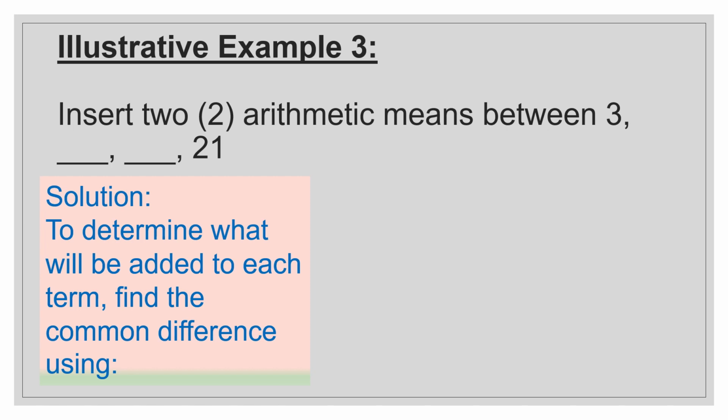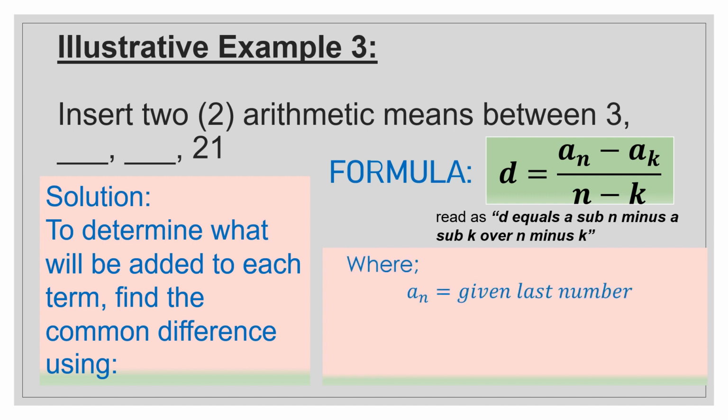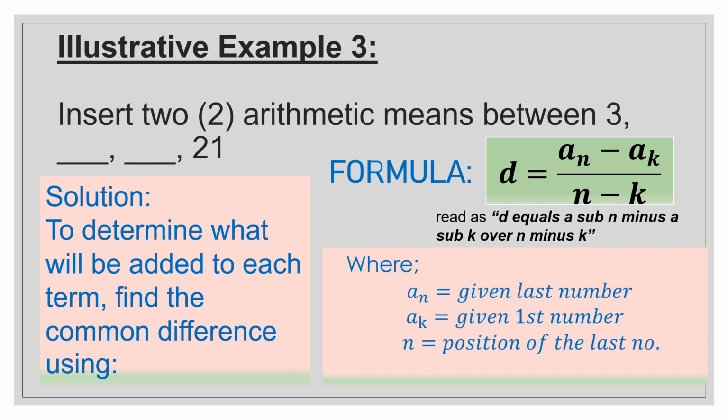The formula is given as D equals A sub n minus A sub k all over n minus k. Again, this is read as D equals A sub n minus A sub k all over n minus k, where A sub n is the last number, A sub k is the first number, n is the position of the last number, and k is the position of the first number.